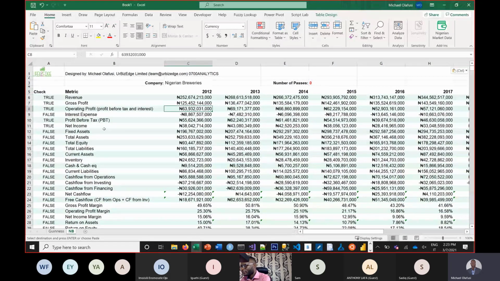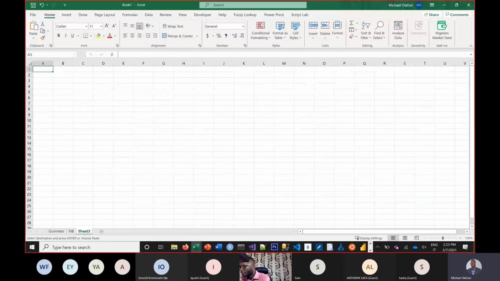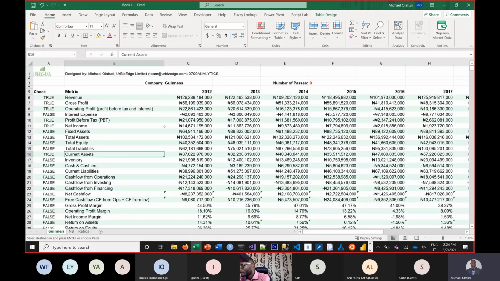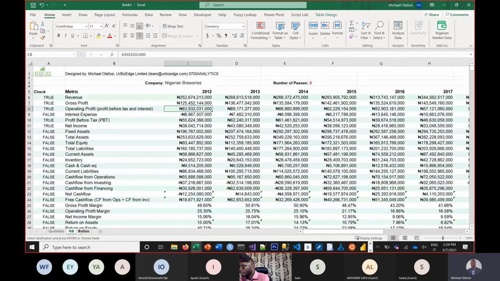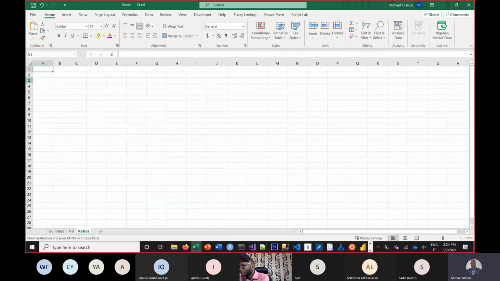Okay, great. So I'm going to create the ratios here then. And we'll start with liquidity ratios. I have this going back how many years? So let's put that here.